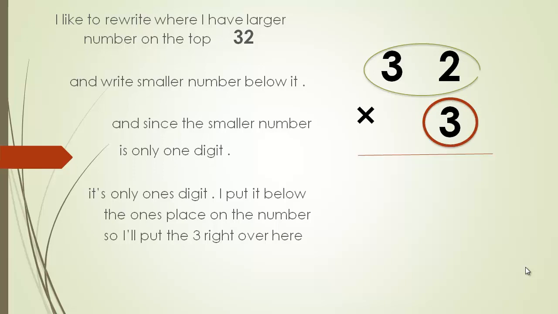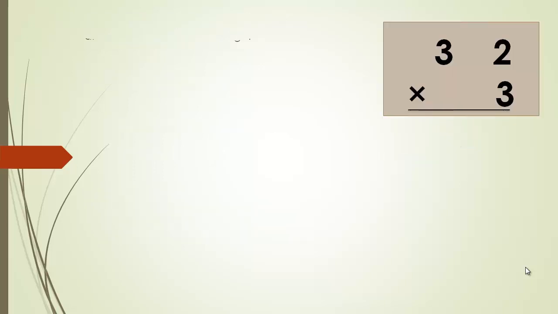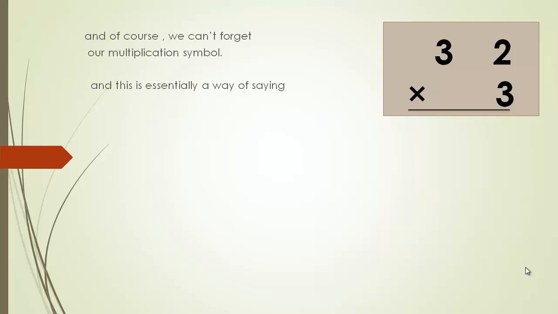It's too easy to solve the question this way: 32 times 3. It's a multiplication sentence. Don't forget to write the multiplication sign.